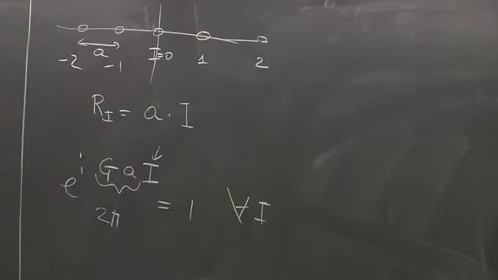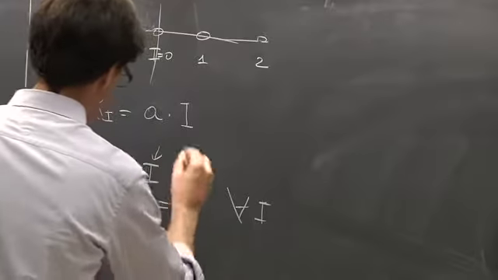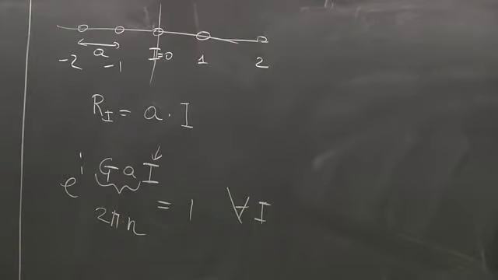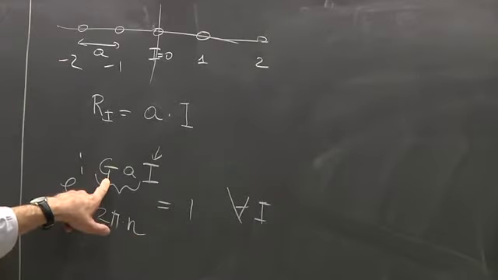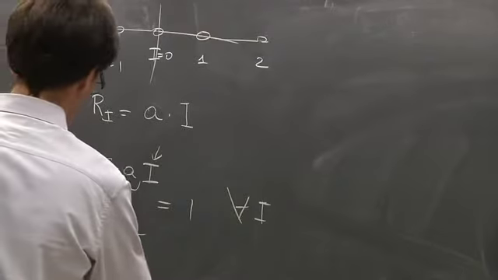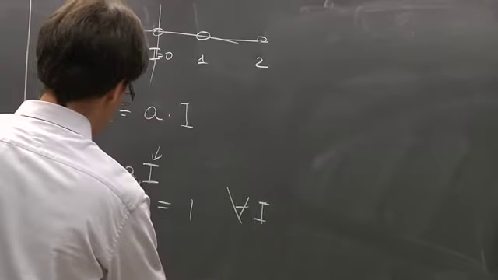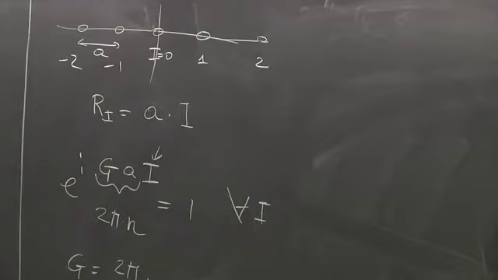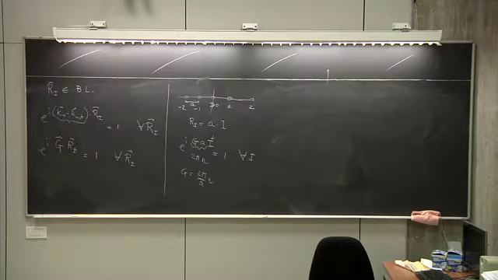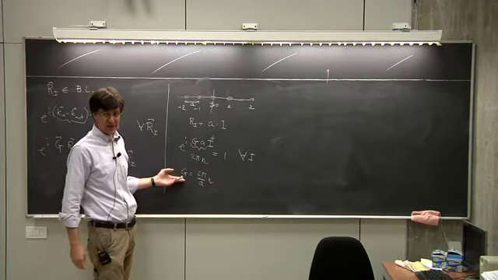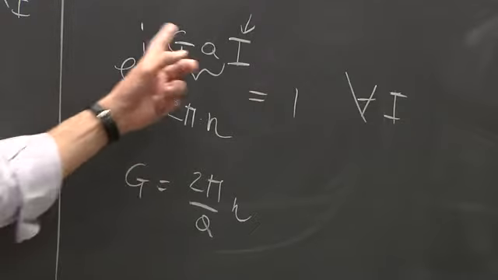In fact, not only 2 pi, but 2 pi times any integer. Right? If G times a is 2 pi times an arbitrary integer, I'm done. So I've been able to solve this problem. I've been able to find an infinite number of G's, 2 pi over a times an integer, that satisfy my condition. Not only one, not only two, an infinite number of them. And they all satisfy this condition.